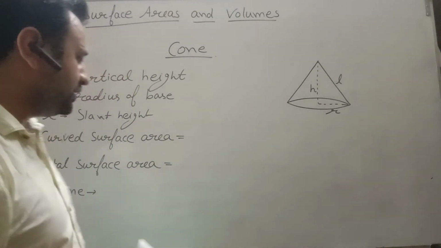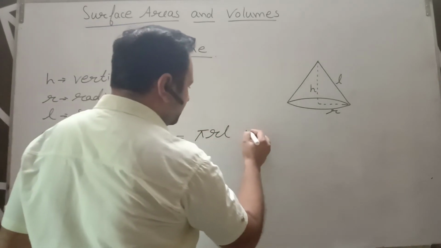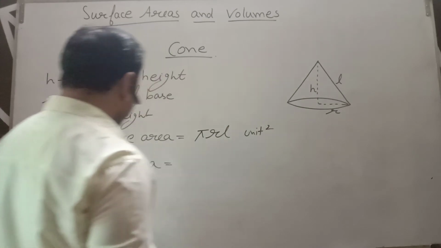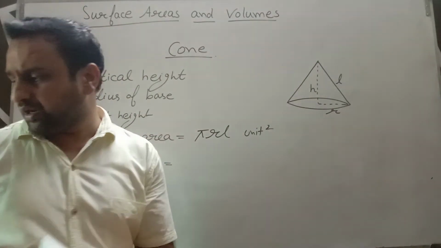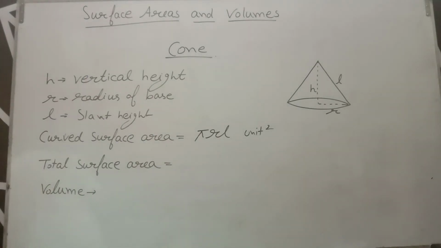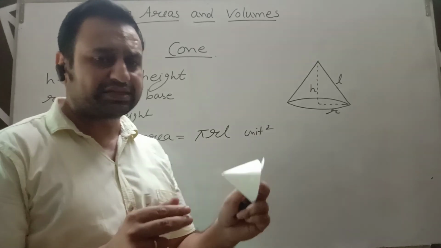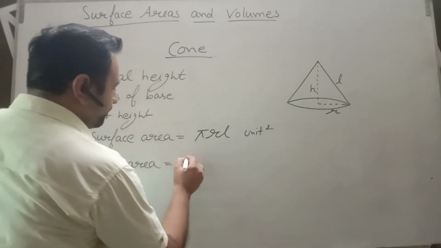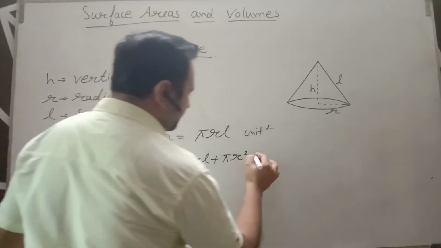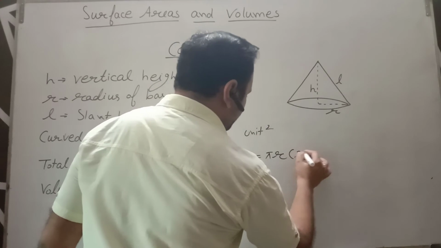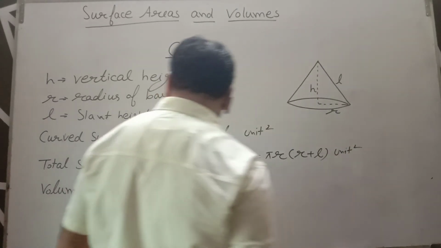So its area is pi r l unit square. Total surface area: when the area of the base is also attached to the curved surface area, then it is called total surface area. So pi r l plus pi r square, pi r common, r plus l, unit square.